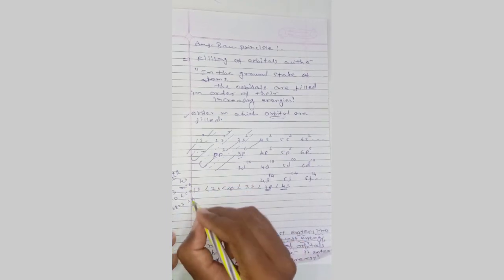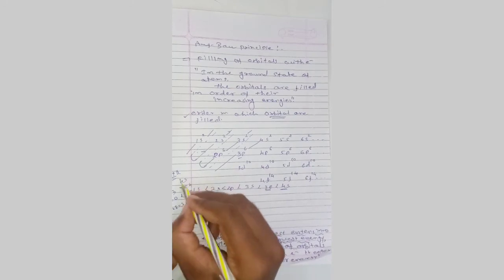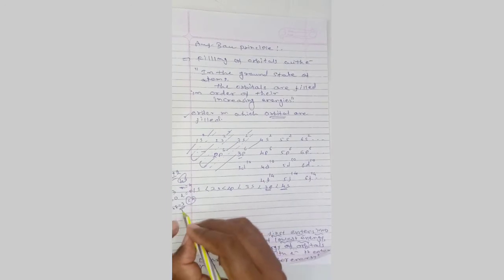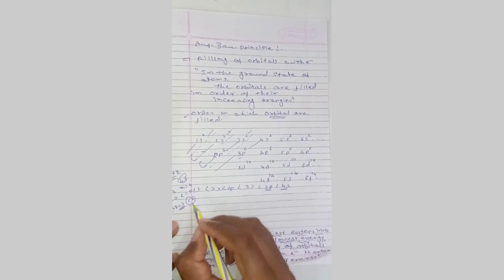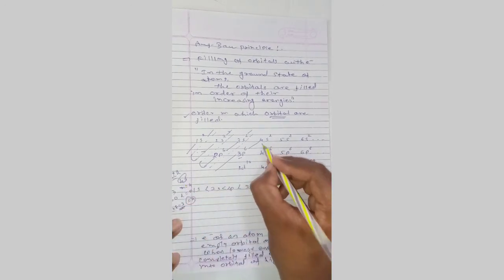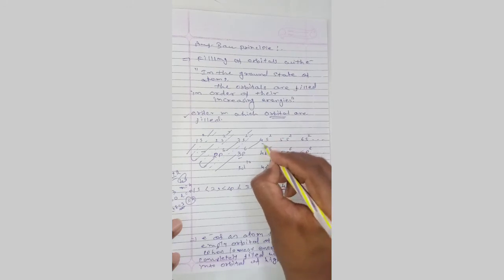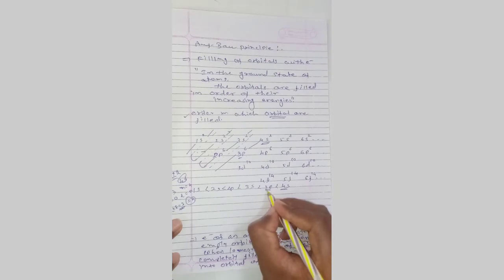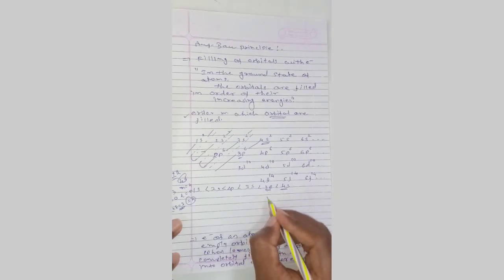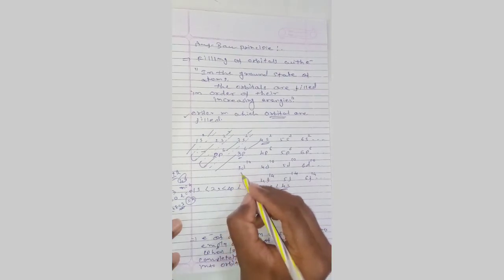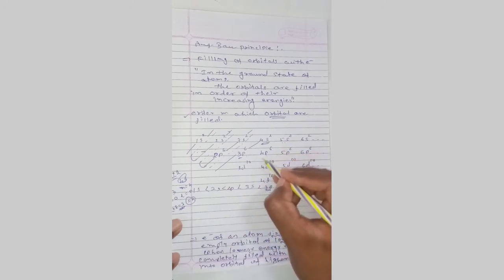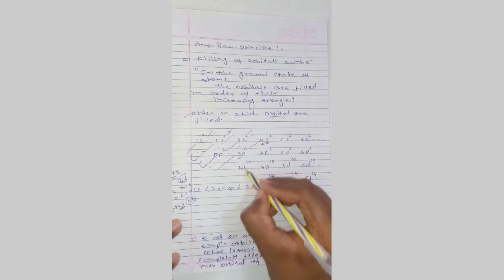So here n plus l value is higher for 4s, and 3p has lower value of n plus l. That's why 4s has higher energy and 3p has lower energy. So 3p is less than 4s, and then after either it enters into 5s, 4p or 4d, 3d.